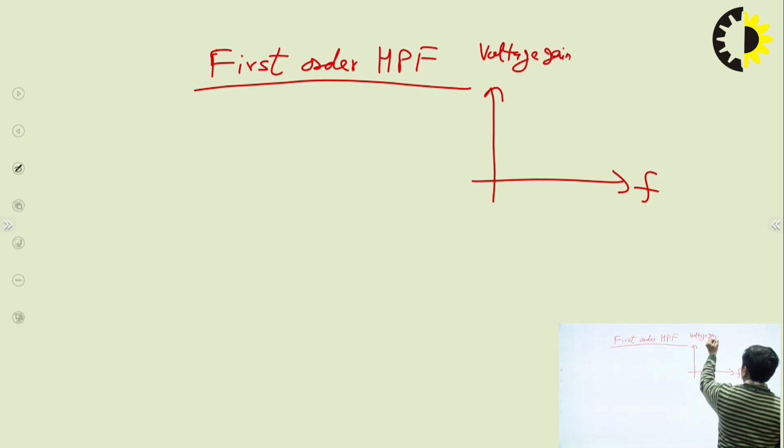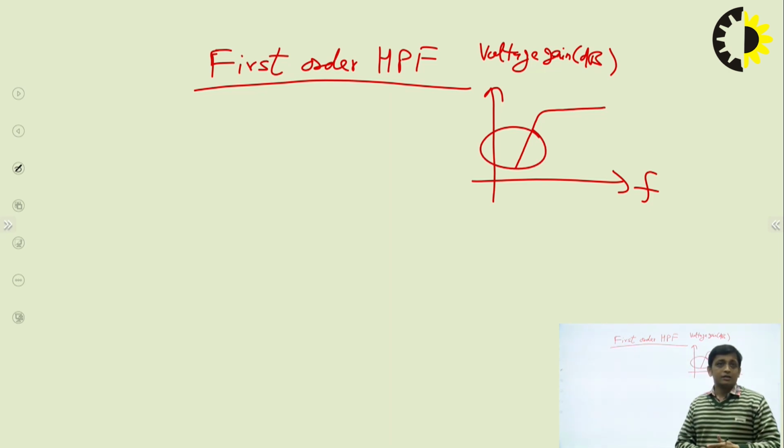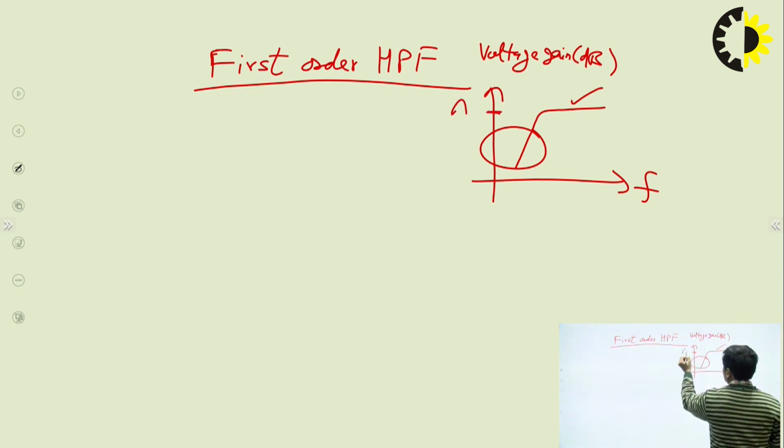The frequency response of the high pass filter is like this. We can see here that at low frequencies the gain is less. It means that the signal is being attenuated, that the signal is being blocked. But at the high frequencies the gain is highest, and this highest gain is called the passband gain, AF.